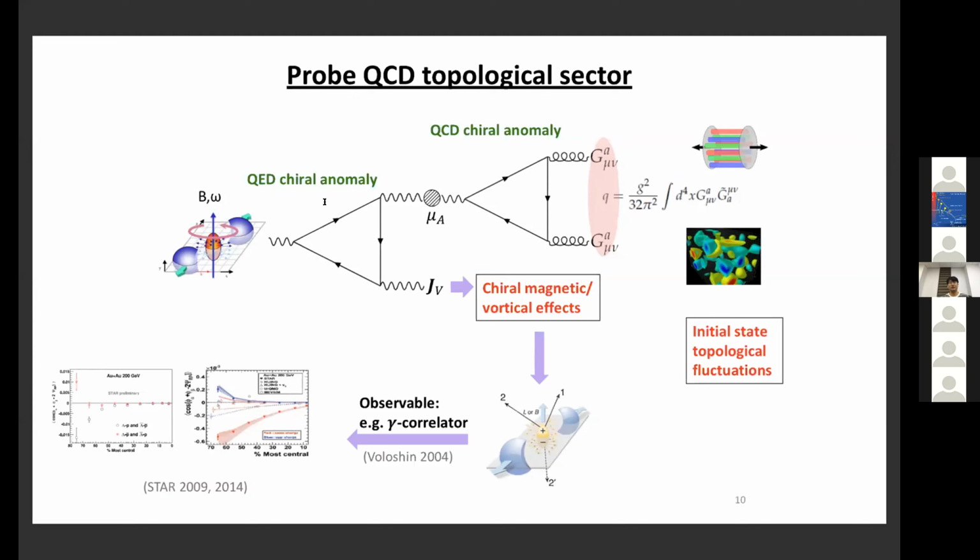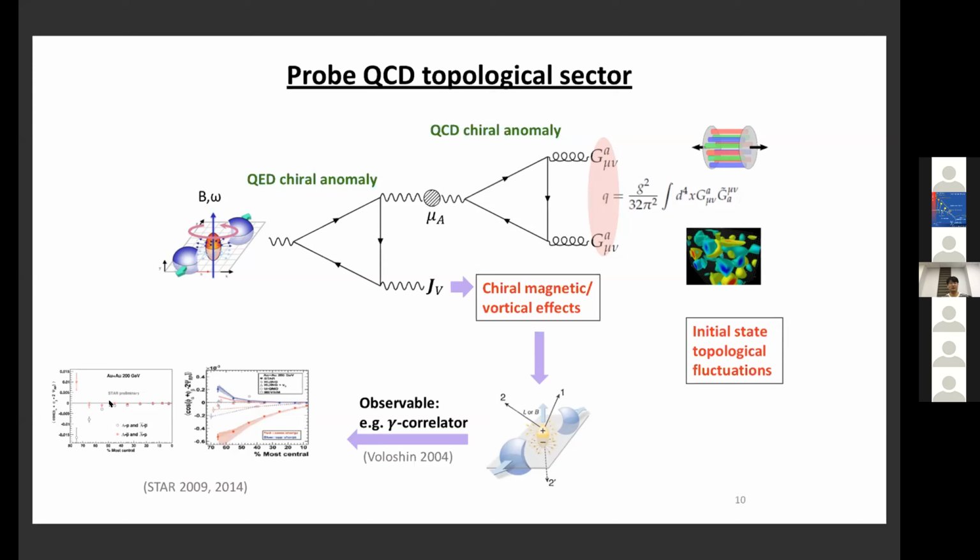And then through the QED chiral anomaly, the B field or the rotation could generate the vector current through the chiral magnetic or chiral vortical effect. I didn't explain the chiral vortical effect, which is a similar effect to the chiral magnetic effect. If this happens, because the B field and the omega are roughly along the direction perpendicular to the reaction plane, this will generate a charge or baryon number separation with respect to the reaction plane, which could possibly be observed by designing some suitable observable like the gamma correlator.